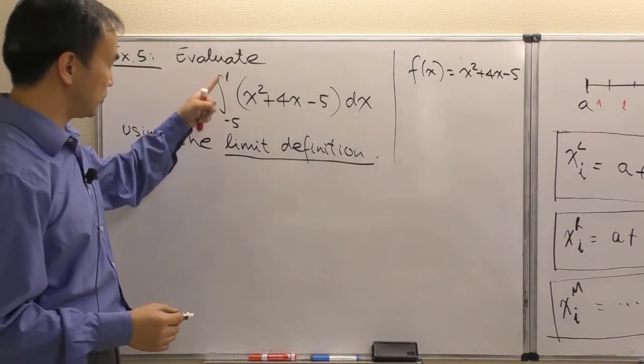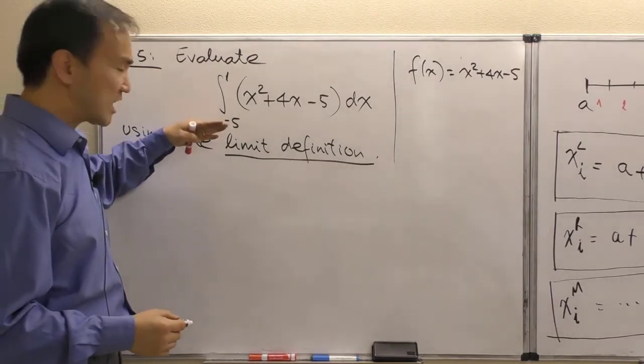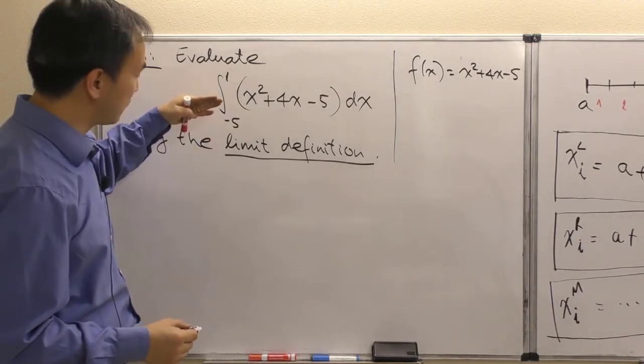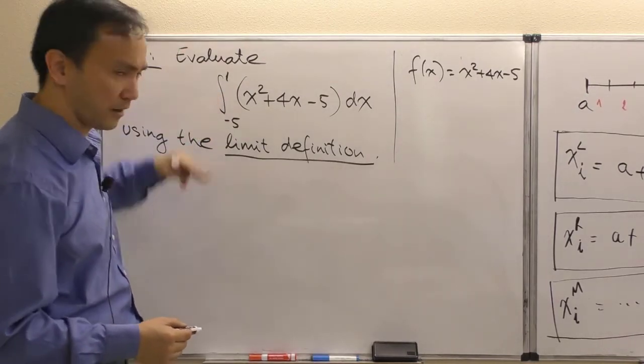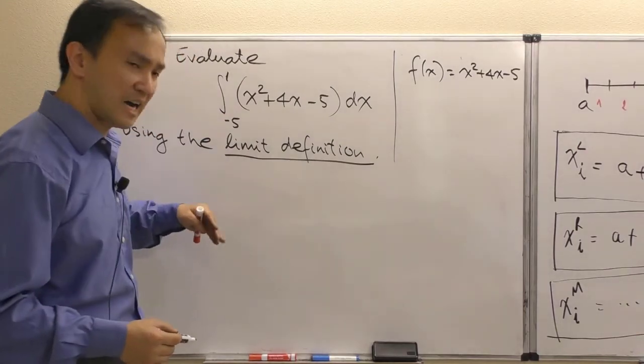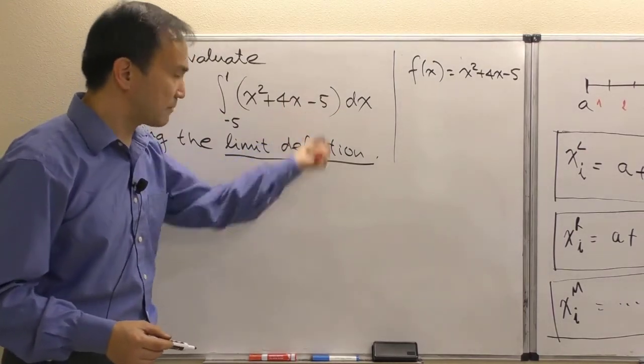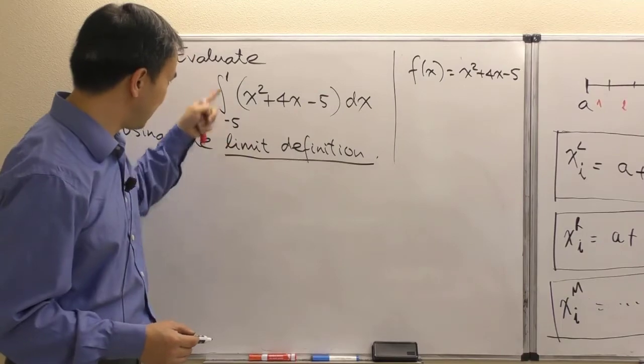So our integral limits go from -5 to 1. We're accumulating function heights and striped areas from -5 to 1.